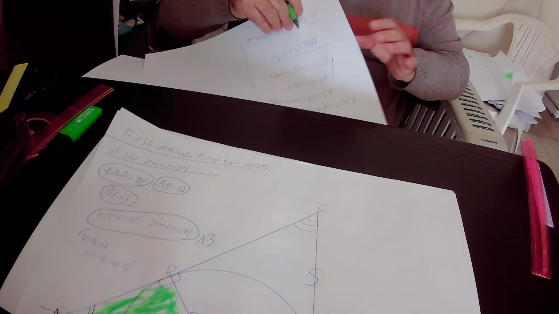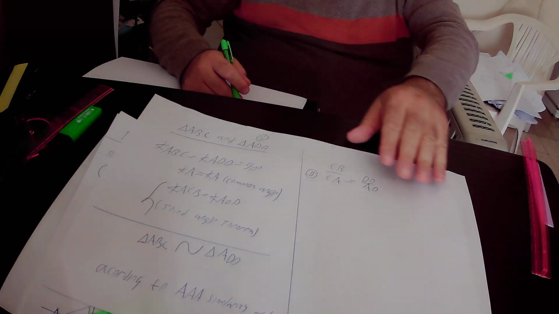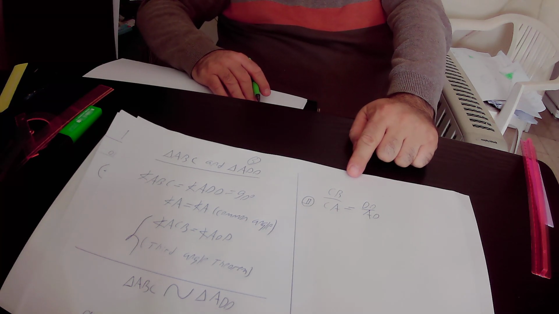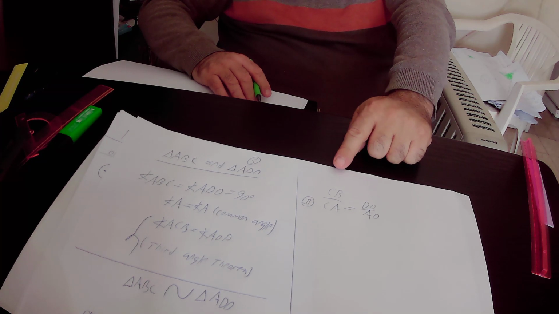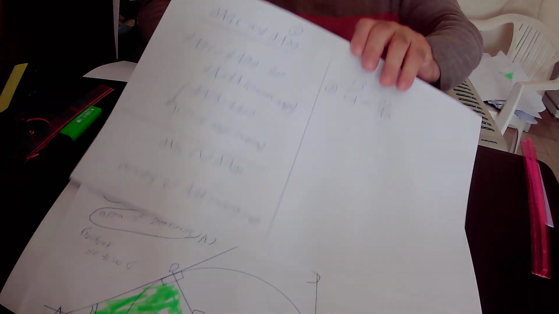I will repeat again: from the similarity, CB over CA in triangle ABC is equal to DO over AO in the green triangle ADO. Okay?